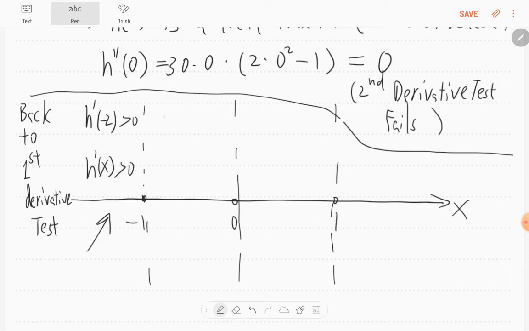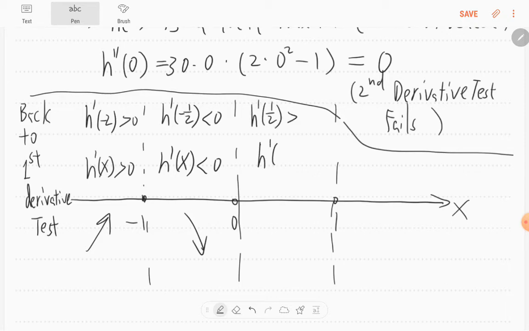And here we can plug in negative 1/2, right? Then you will see it's negative, so here is negative. Then this is decreasing. And here, plug in 1/2, sorry, it's negative again.